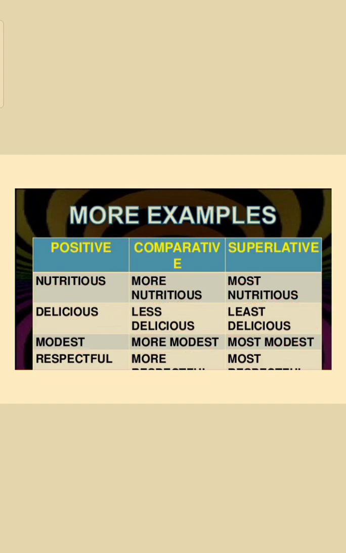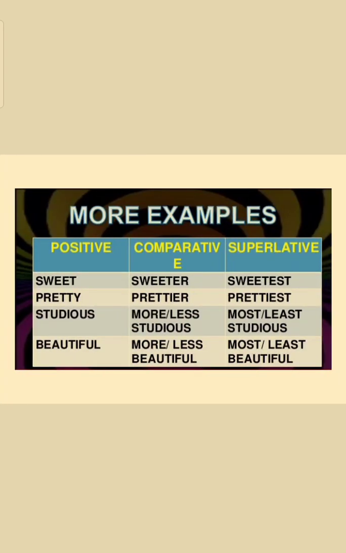Okay, next, remember. Okay, again, sweet, sweeter, sweetest, pretty, prettier, prettiest, studious, more studious or less studious, most or least studious, beautiful, already I have told you, more beautiful or less beautiful, most or least beautiful.